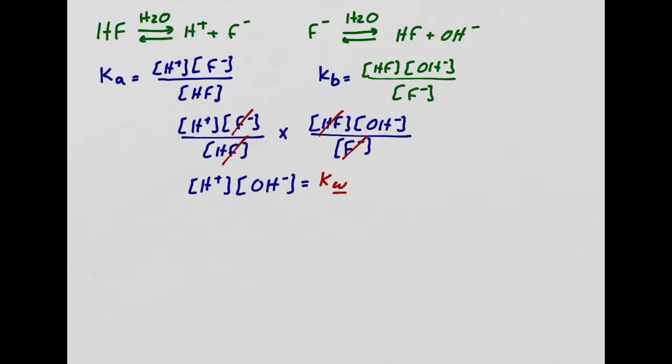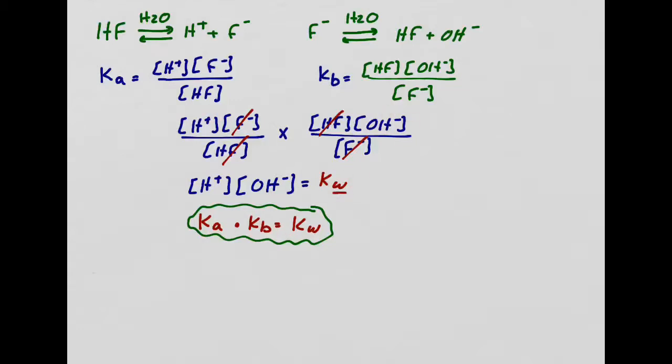So what did I just show you? I showed you that Ka times Kb equals Kw. How crazy is this? Pretty crazy, right? Here I had the Ka of hydrofluoric acid and the Kb of its conjugate. When I multiply them together, these cancel out, and what's left over is H plus times OH minus, which is Kw.